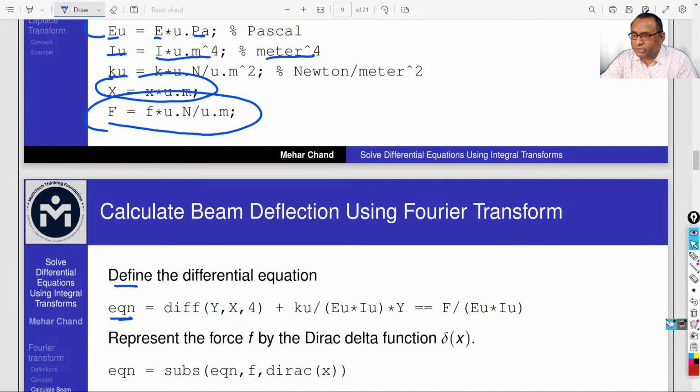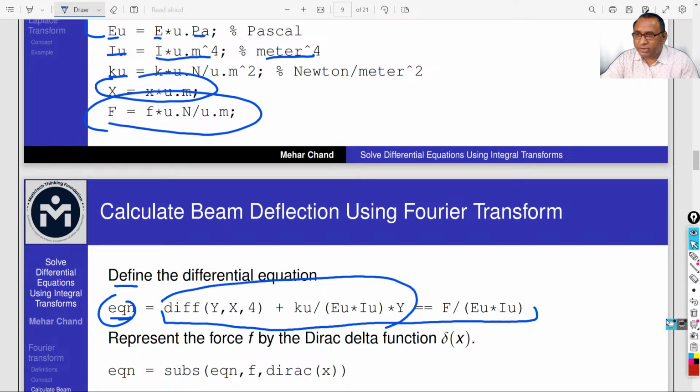So this is the equation, this is the assignment, and as you know, single equal is used for the assignment. So the differential equation is starting from this place to this place. This is the left hand side of the differential equation, and this is the right hand side.